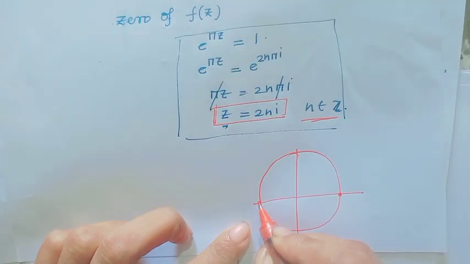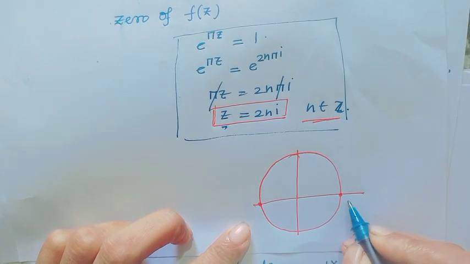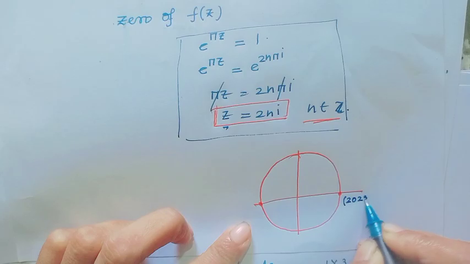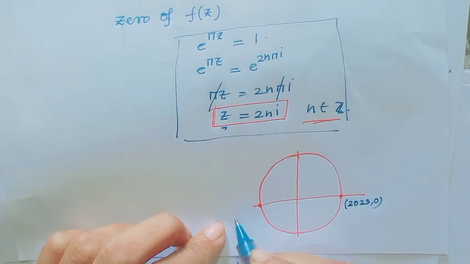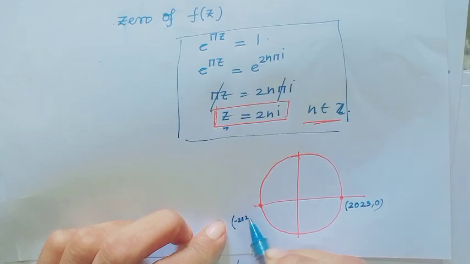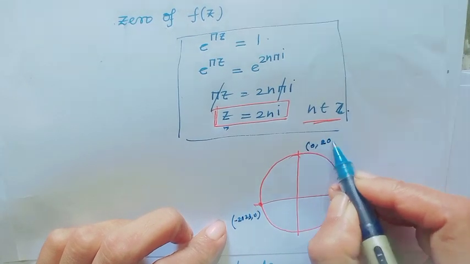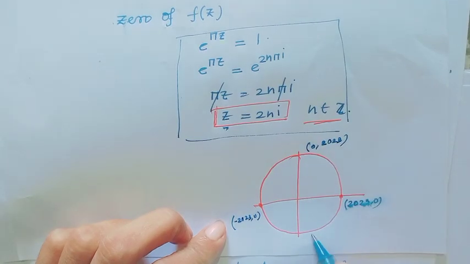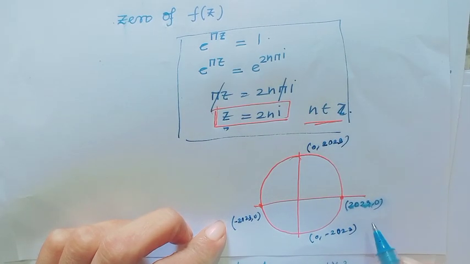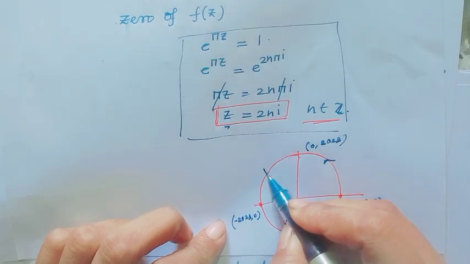Here 2023, 0, here minus 2023, 0, here 0, 2023, and here 0, minus 2023. And the orientation would be anti-clockwise.